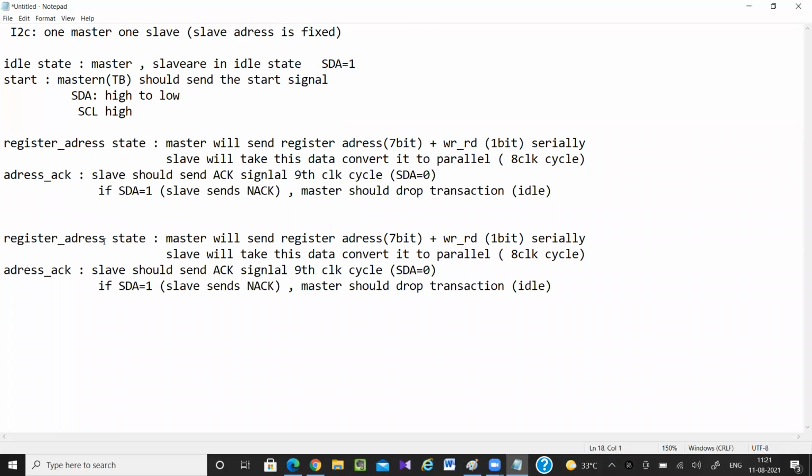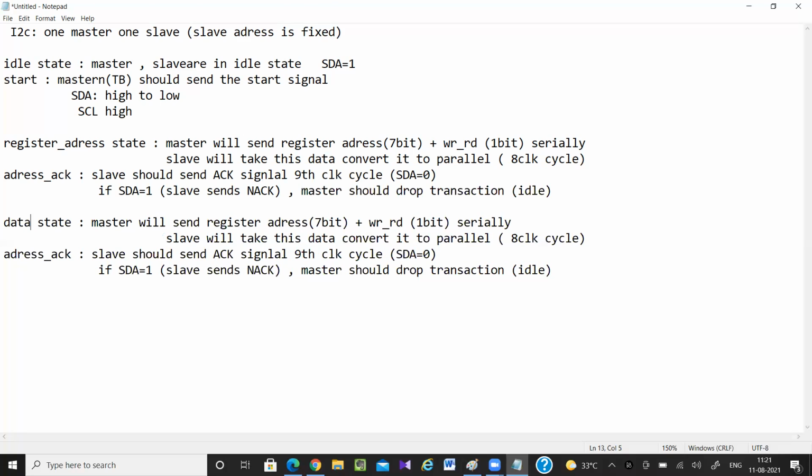Here, in the data write state, if the write/read signal equals 1, it means read; 0 means write.